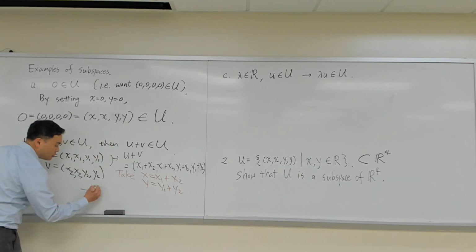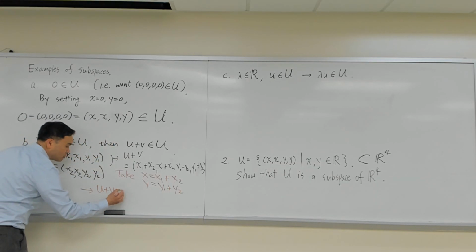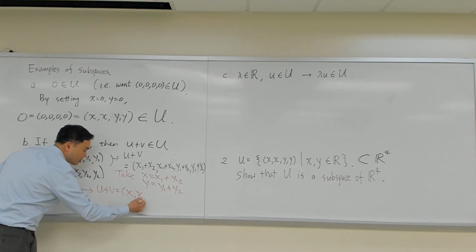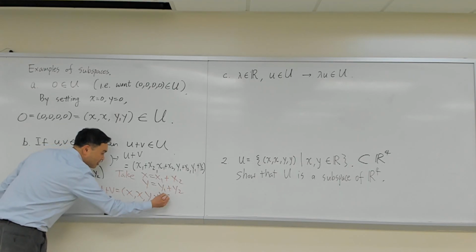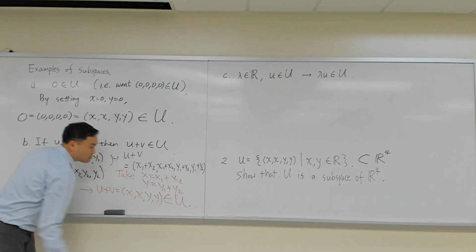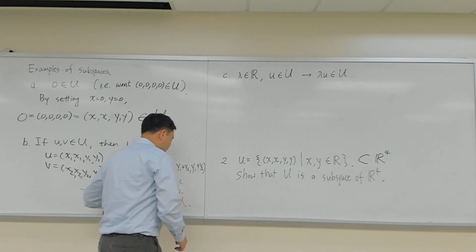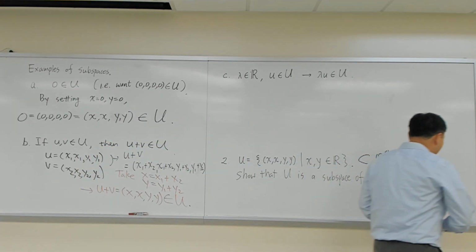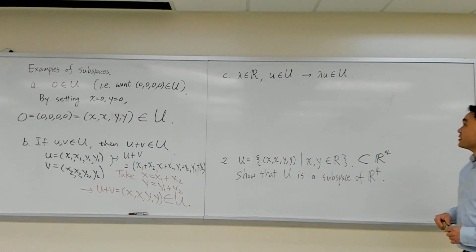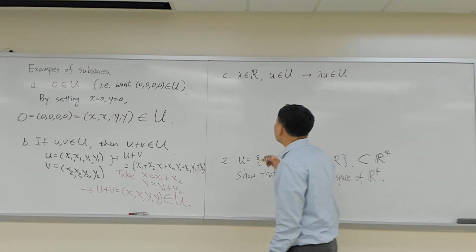Then we see that u plus v can now be written as x, x, y, y. That clearly is an element of U. Done. Right? So nobody will be able to argue against that. That's 100% clear. Right? Okay.